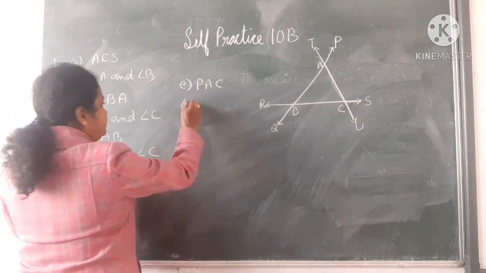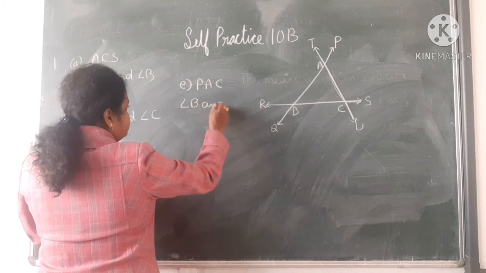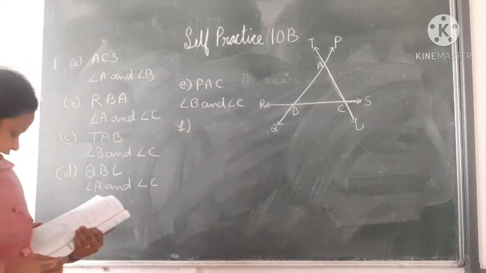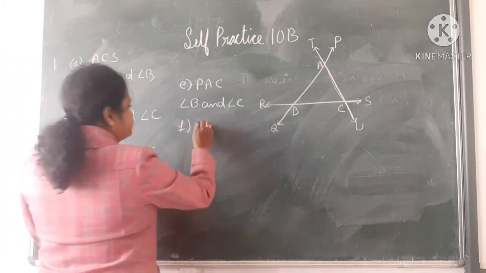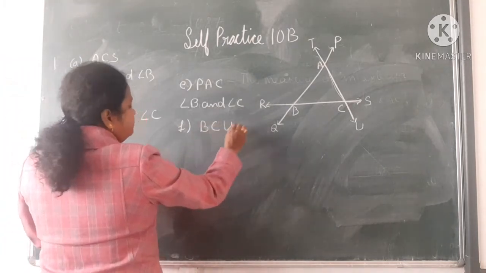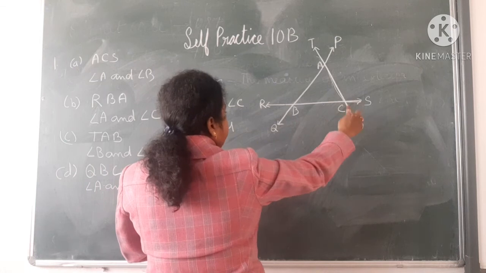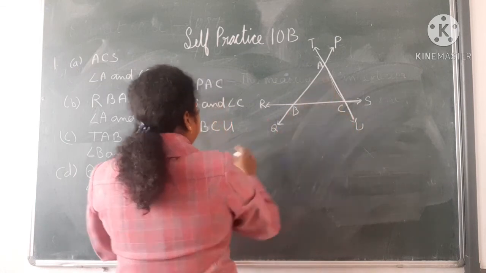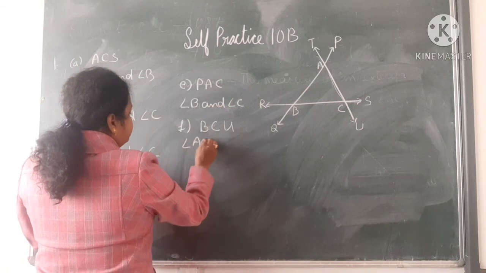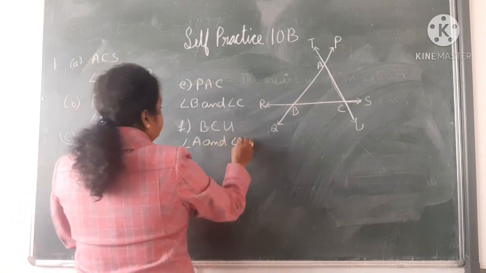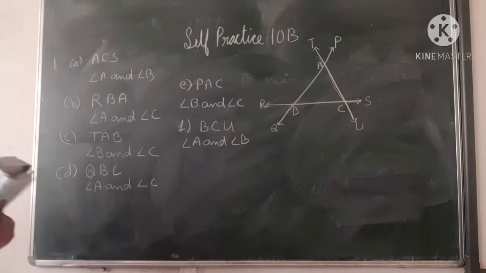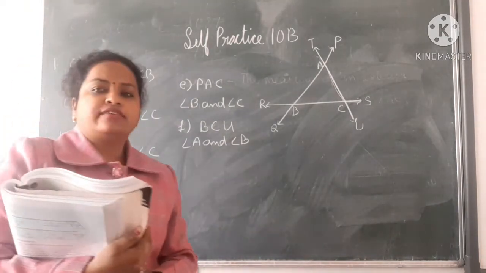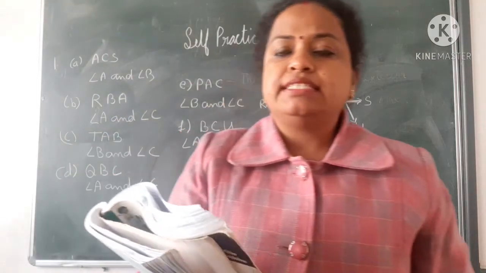Angle B and angle C. And F part, BCU. Which are opposite? Angle A and angle B. So these are the different types of exterior angles formed within a triangle with their opposite interior angles.